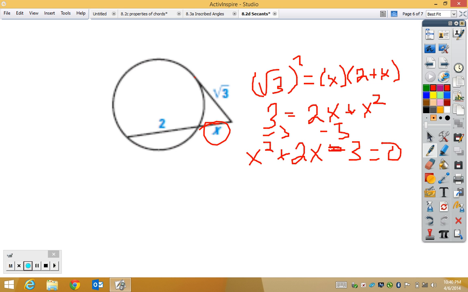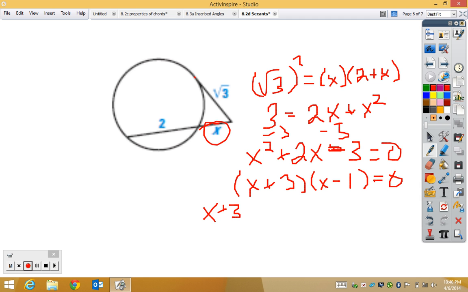And now we're going to factor. We get x plus 3 and x minus 1. So we have two numbers that multiply together to give us negative 3 and add together to give us 2. Now once we have this, we set both of these equal to 0.